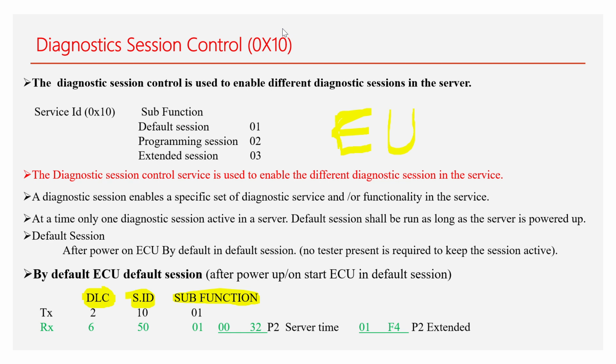For example, if different ECUs are connected, and we do not know which ECU has the fault, we use the functional request. Then the diagnostic tester gathers the information from all the ECUs to identify the source of the problem and solve it. So these are the physical and functional requests.